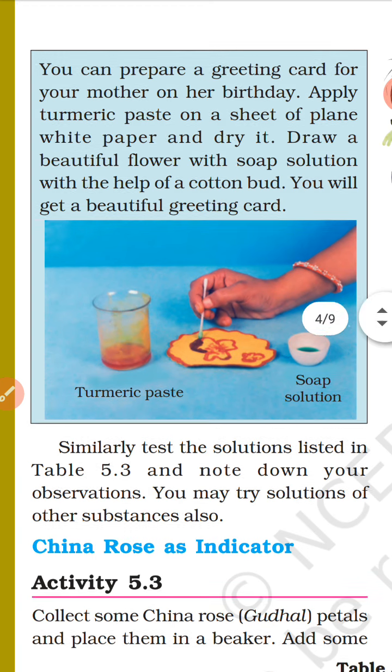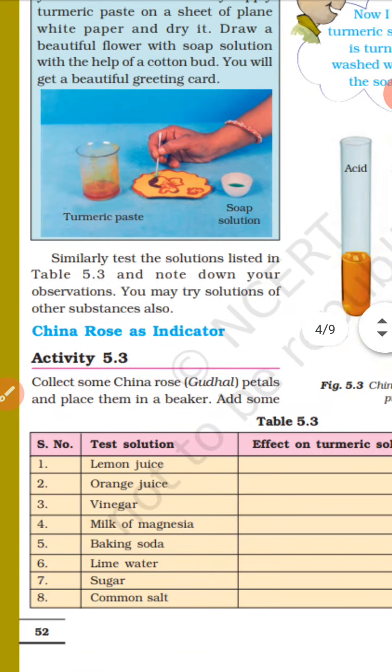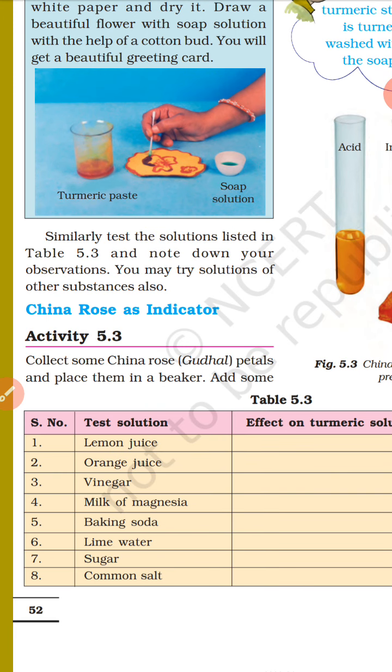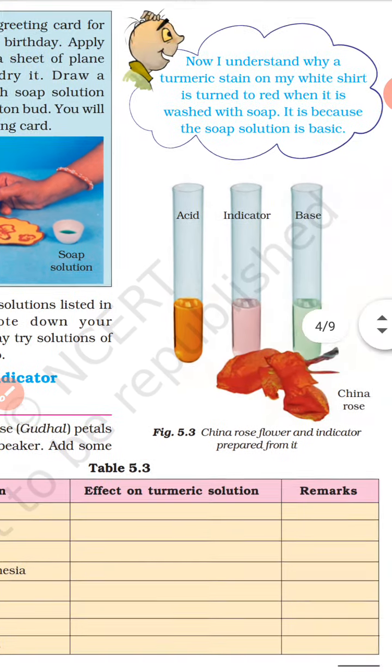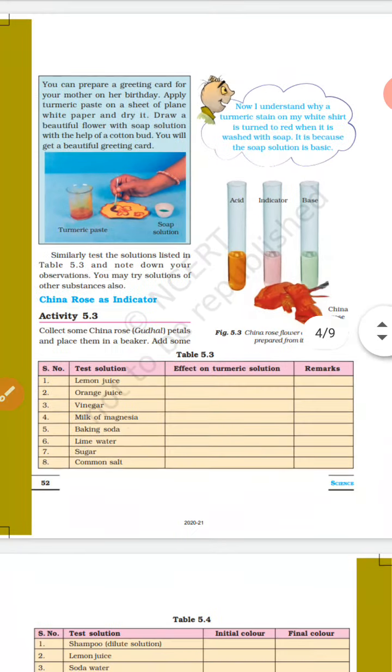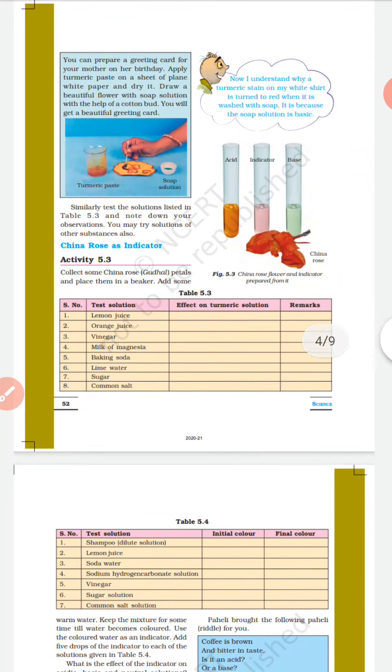Okay, now we will see how we can use the China rose as an indicator. See, experiment activity 5.3. Collect China rose petals, गुढल, उसे गुढल बोलते हैं, पेटल्स. चाइना रोज के पेटल्स कलेक्ट करो एक बीकर में. Add some warm water.